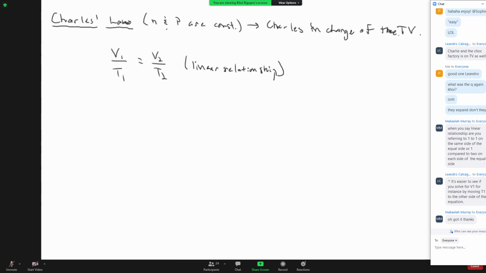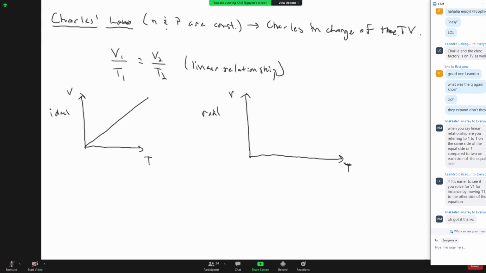So when we talk about it with ideal gases, you think of volume and temperature as a simple linear relationship. But this is for ideal gases. For real gases, you're going to have different linear components at different states for volume and temperature. So it'll look like this.